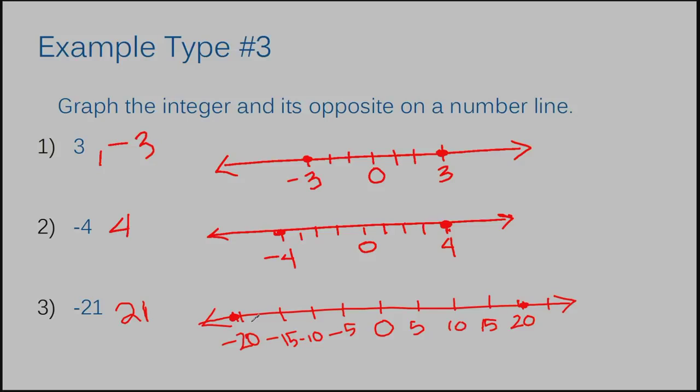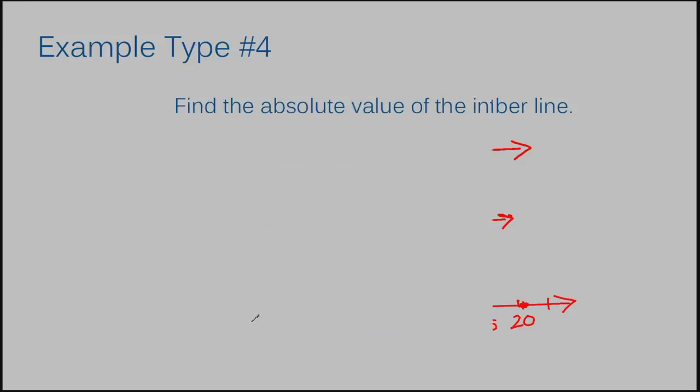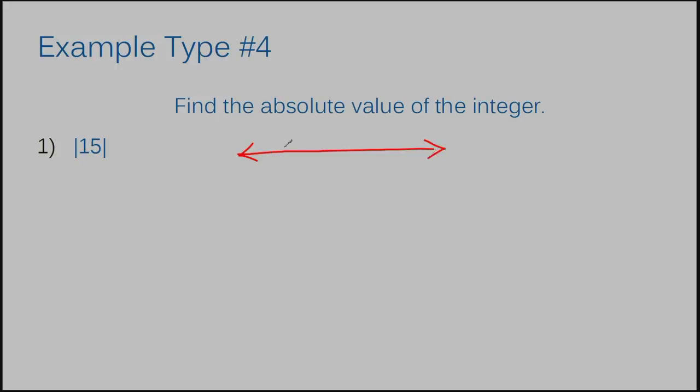Now let's move on to absolute value. The first example says find the absolute value of the integer, and absolute value literally just means the distance away from 0. So if I were to think of a number line, I would know that my 0 would be here, and I would have a 15 down here somewhere, and there would literally be 15 notches.